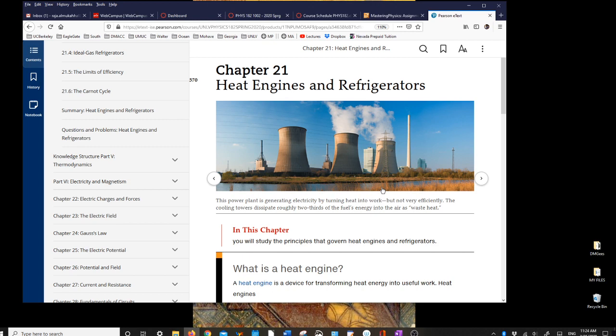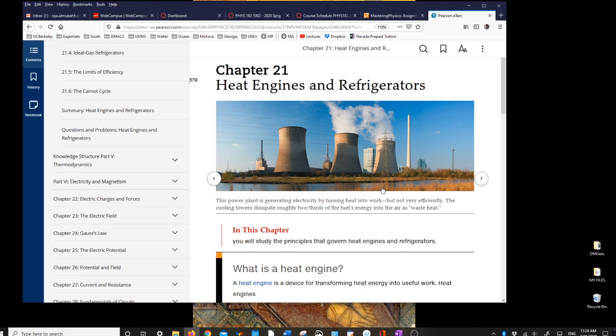In other words, the steam pressure is the one that's doing the work. And then the steam is moved to another chamber where it condenses into liquid water, and then it is pumped back again into a boiler to boil it, and then the cycle continues again, and so on.